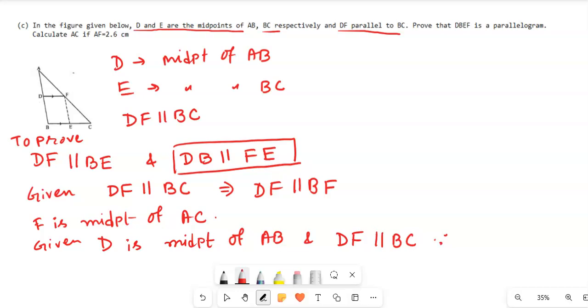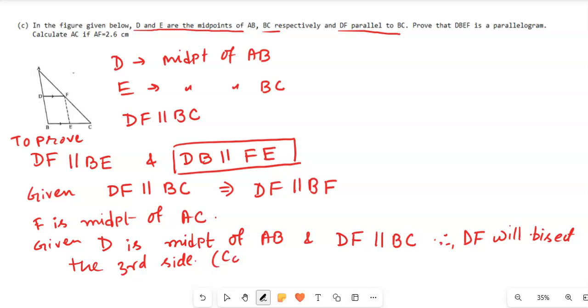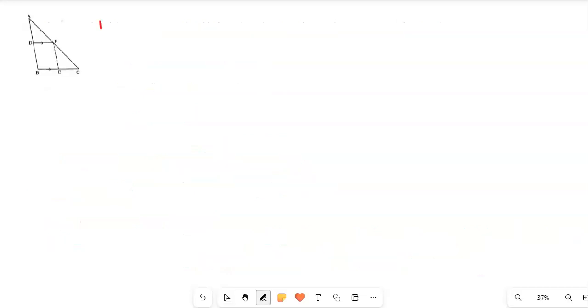Therefore, DF will bisect the third side. This is by converse of midpoint theorem. So we got F is midpoint of AC and given E is midpoint of BC.